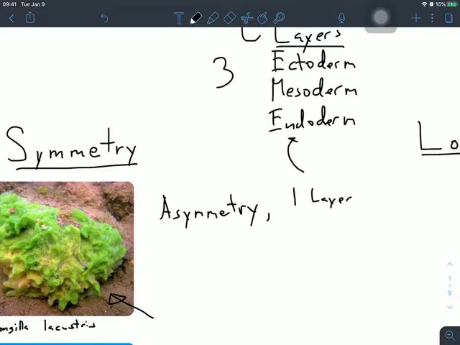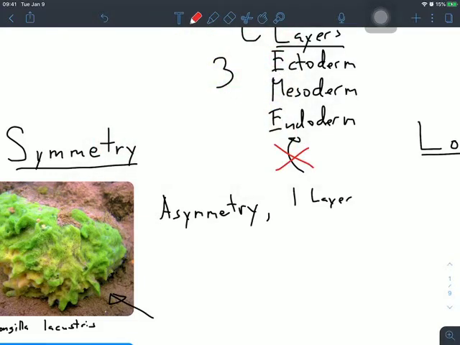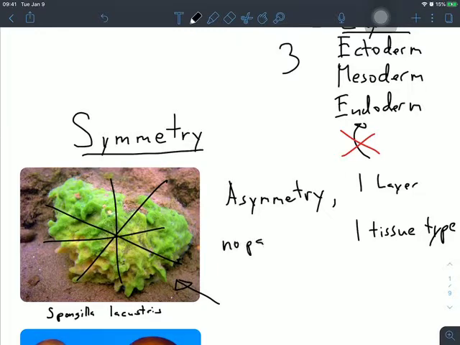So none of these different components need apply. It's 1 different tissue layer with a general blueprint of 1 tissue and cell type. It's just the same repeated thing over and over and over again. You can't cut it in any axis and get a similar pattern on either side. It does not repeat. It has no pattern to its growth.